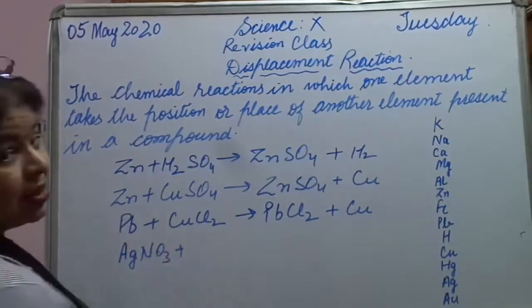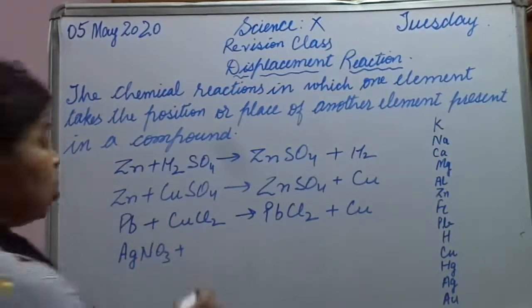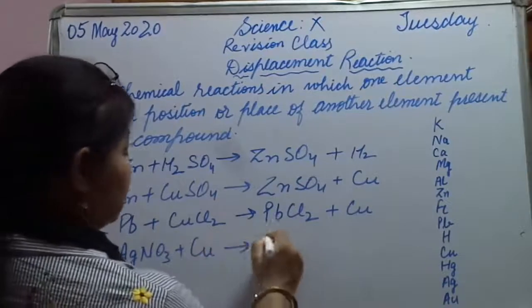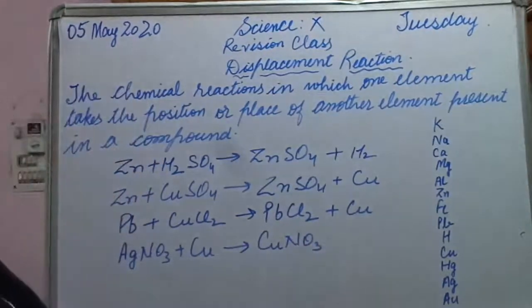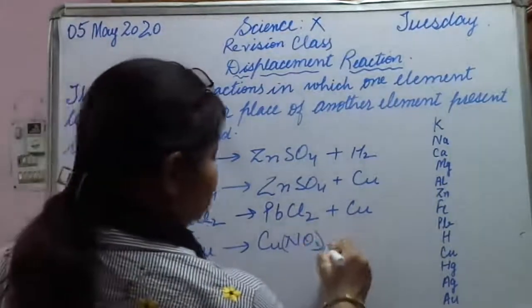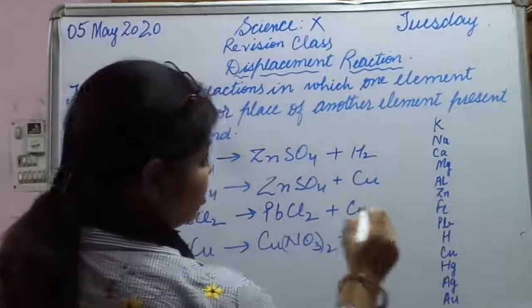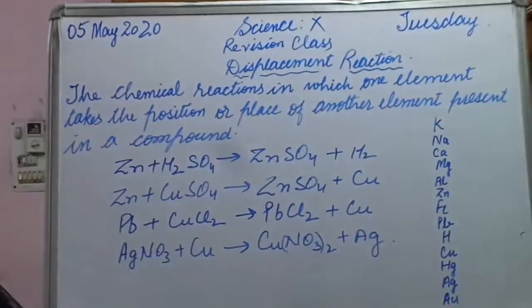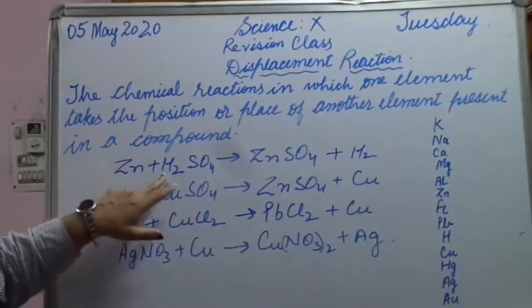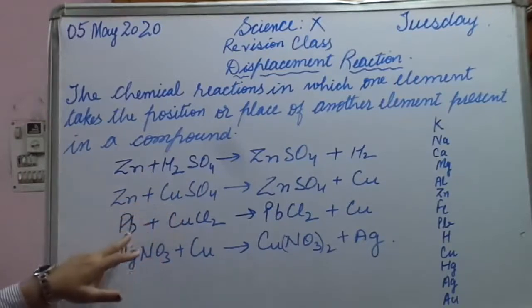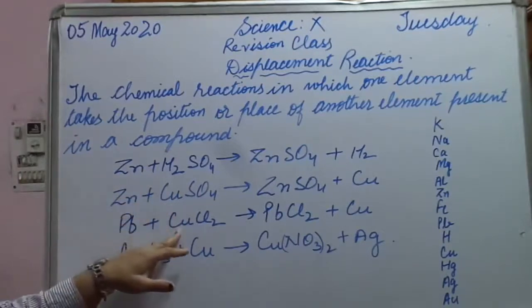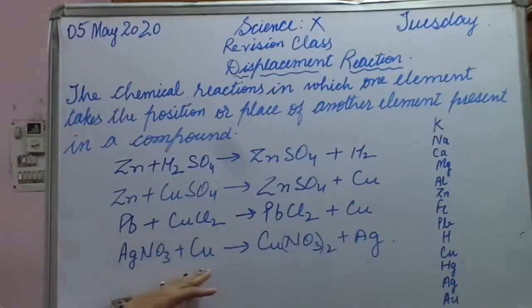AgNO3, silver nitrate, plus copper gives Cu(NO3)2, copper nitrate, plus Ag. Fine. So let us see, zinc is more reactive than hydrogen, then zinc is more reactive than copper also, lead is more reactive than copper, and copper is more reactive than silver.